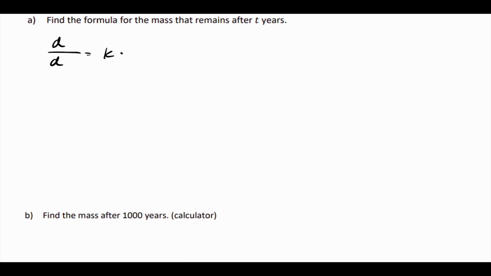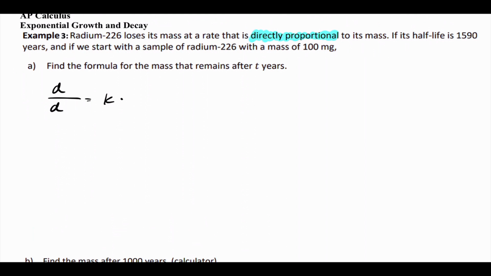Start with letters. What letters am I going to use? I don't want to use X and Y because it's in context. Anytime you're doing something in context where there's a story behind it, you want to use symbols that are appropriate. So, what are the two variables?